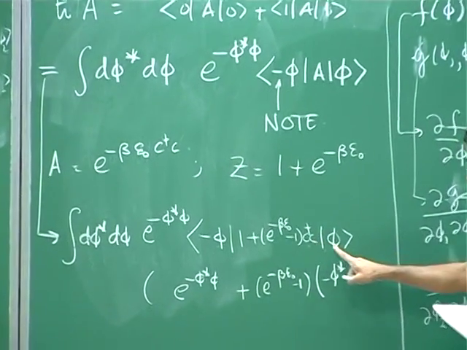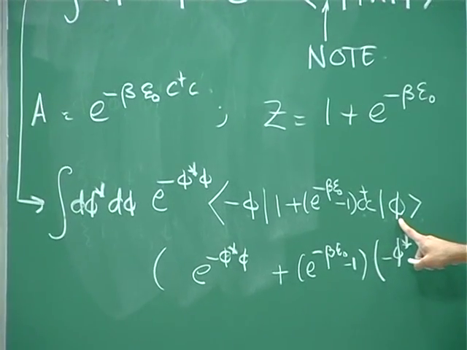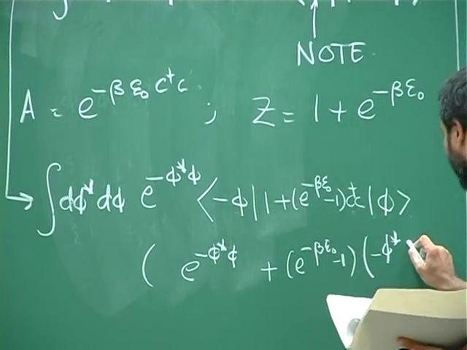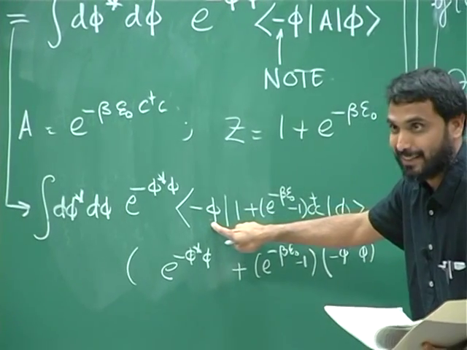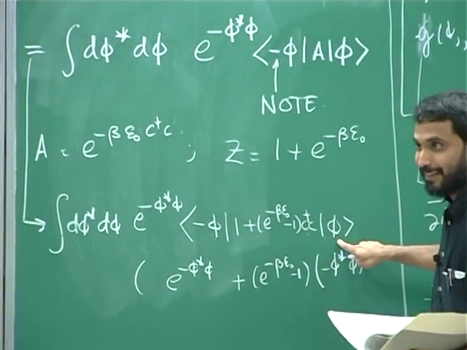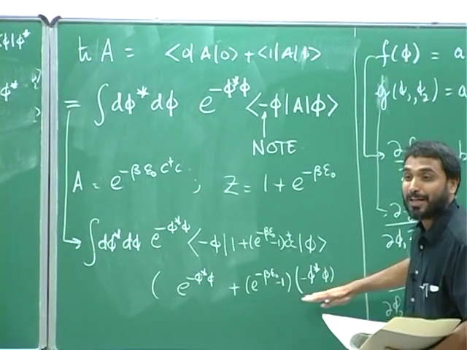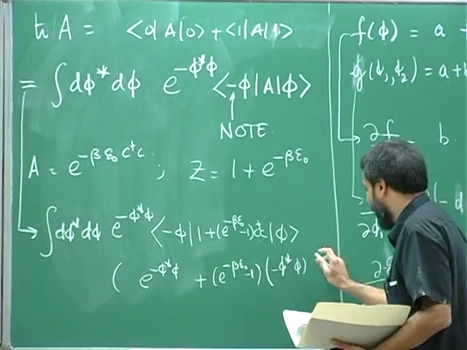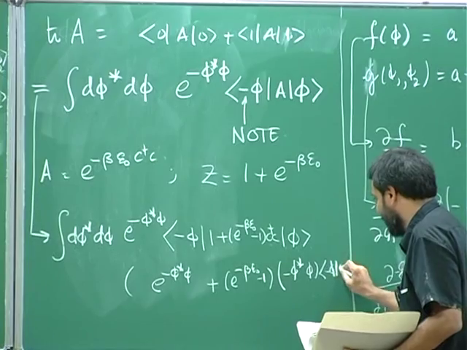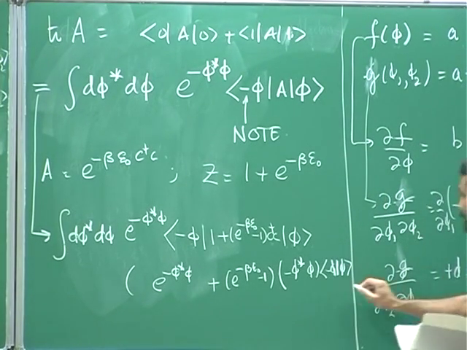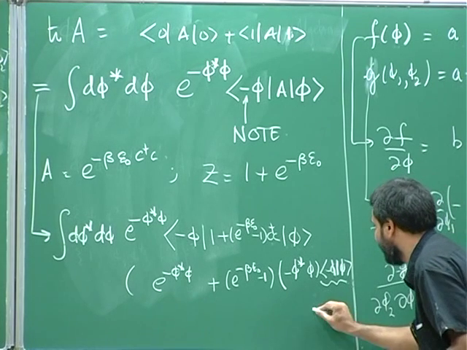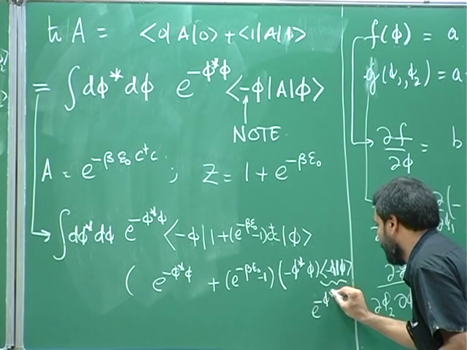And when the C hits this guy, I will get a phi, and actually on the left there is a minus phi sitting, and on the right there is a phi sitting, and they slide through two Grassmann objects. So I will end up getting something like this with no sign change. And this object again is equal to e to the minus phi star phi.